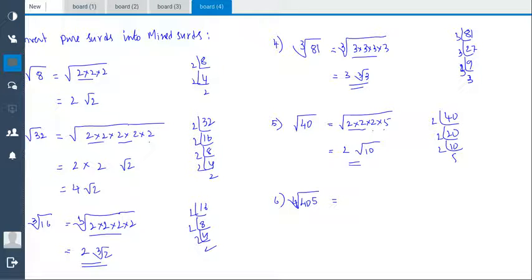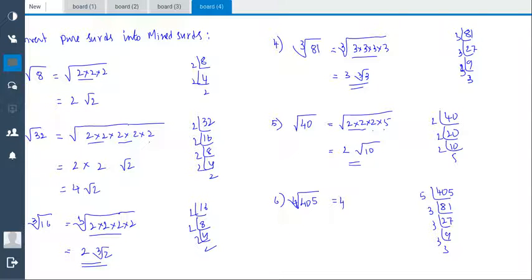Fourth root of 405. 5 table you can take. 3 table you can take. 3 table you can take again.